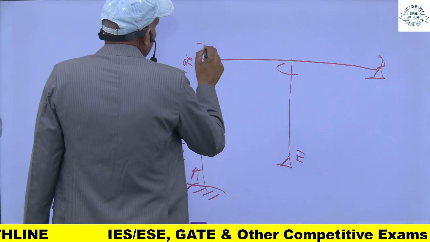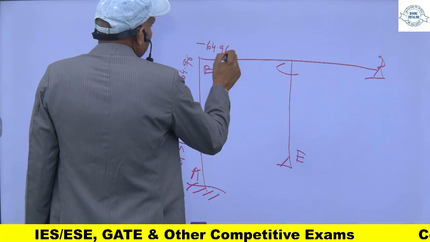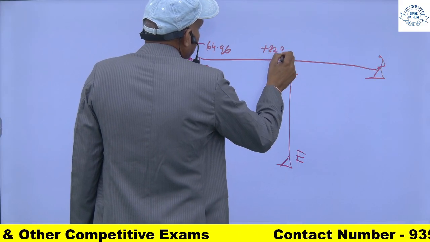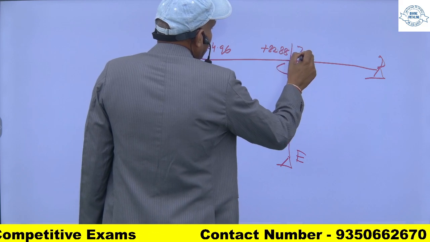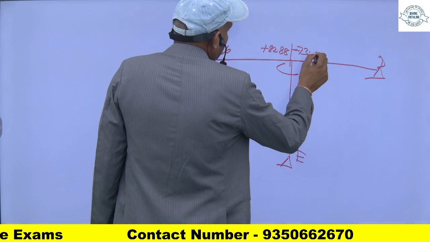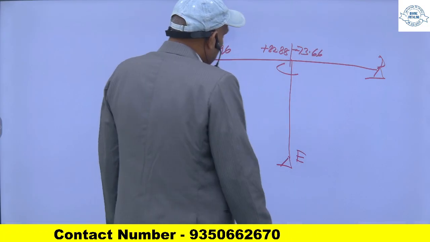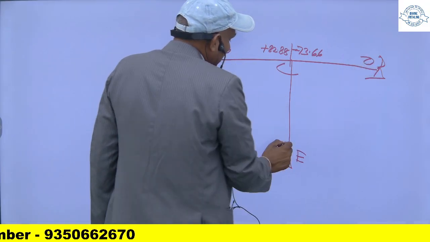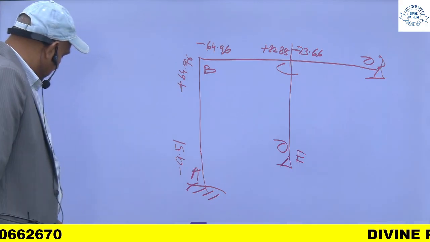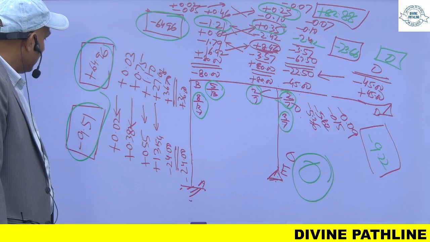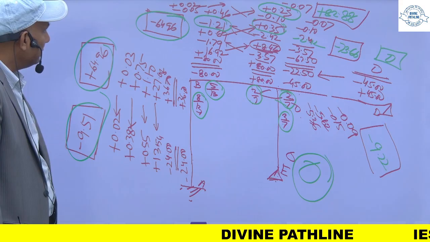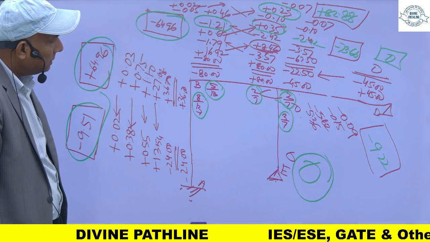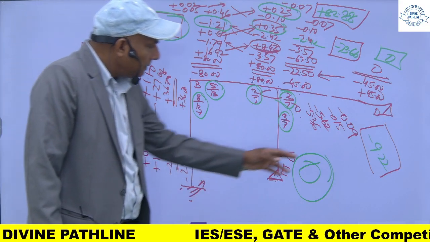For this, minus 64.96 plus 82.88. For this, minus 73.66, and this is 0, 0, minus 9.51 plus 64, and this is 9.22.